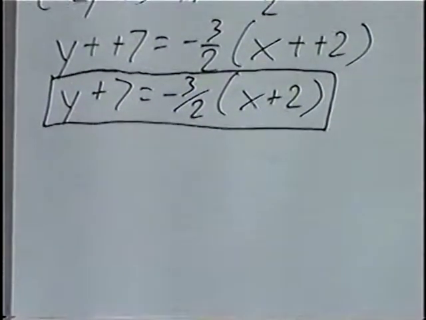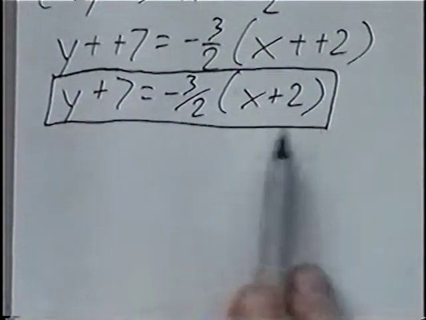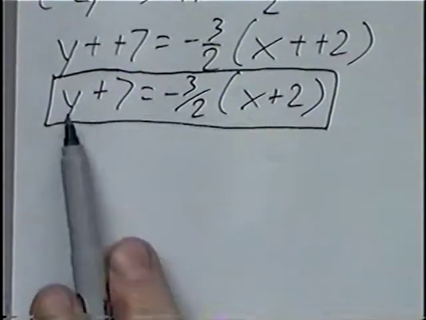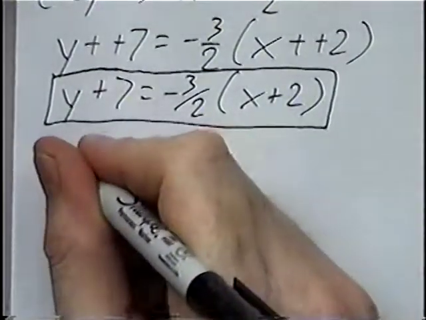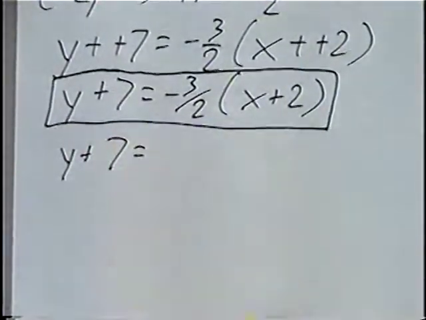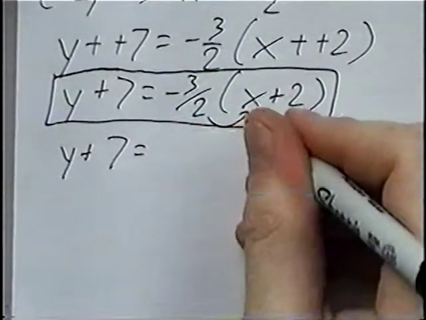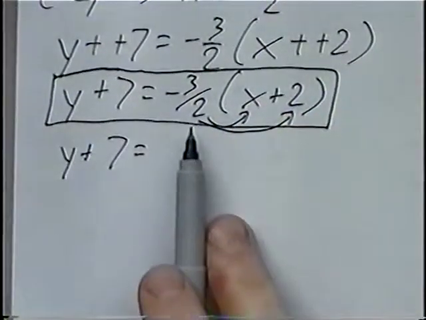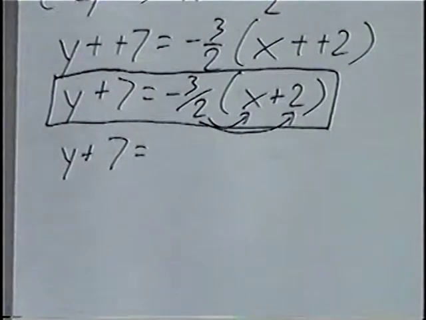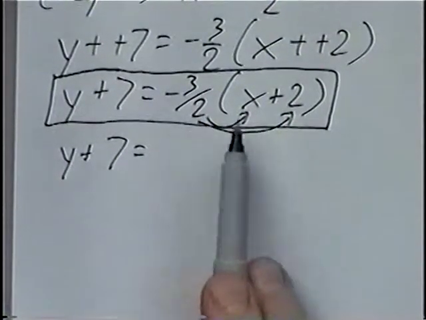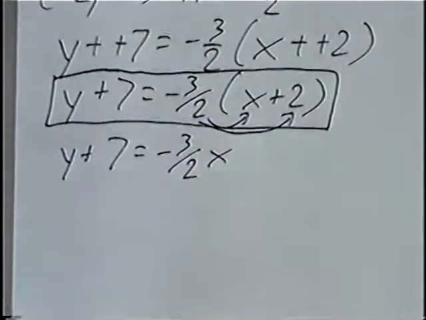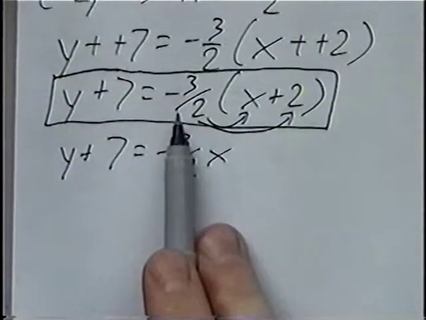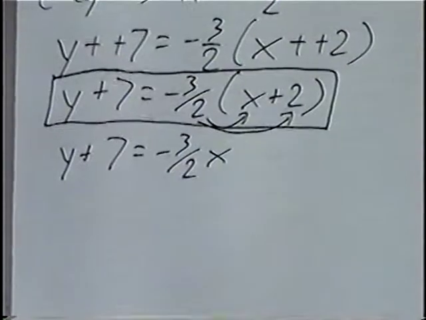Second part of the question, again, we can take point-slope form and rewrite this in slope-intercept form. To do that, the y plus 7 we can leave the same, and we can distribute or multiply the negative 3 over 2 into the parentheses. Negative 3 over 2 times x would be negative 3 over 2x, and negative 3 over 2 times a positive 2.